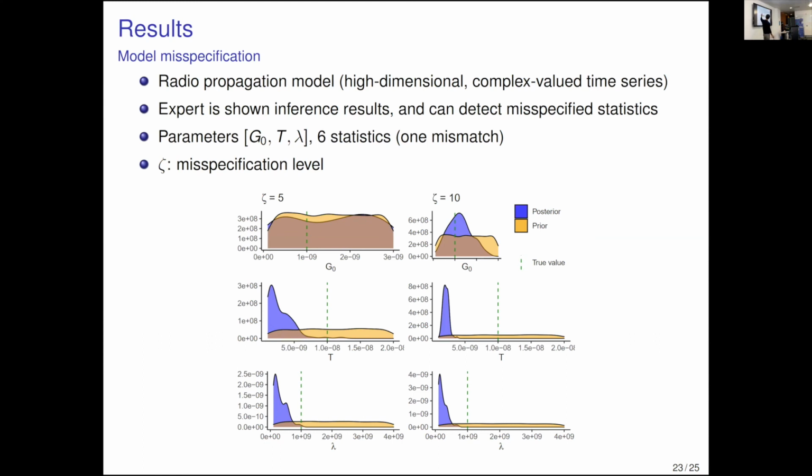The behavior of this particular ABC method has also been proposed by us as a way to check if your model is misspecified. But that involves doing the inference and fitting, and then if the posterior you get is completely rubbish, you conclude maybe the model is misspecified.